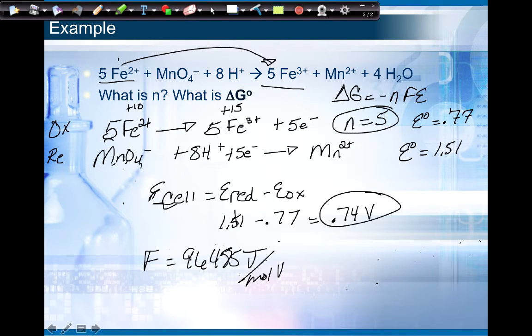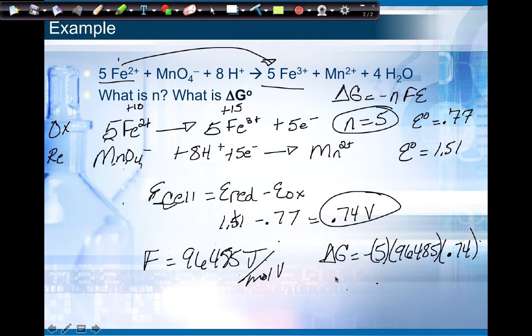So we can just simply plug it into the equation to get delta G. N is 5. F is going to be this. And then at the end, we have our voltage, which is 0.74.